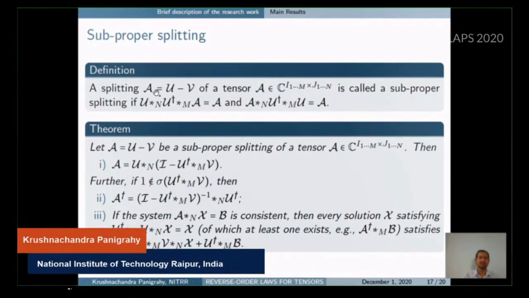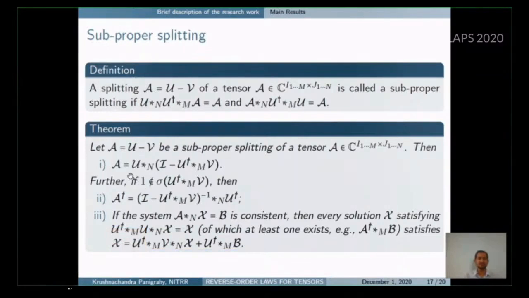Then A equal to U minus B is called a sub-proper splitting, and we verified that if A equal to U minus B is a sub-proper splitting, then we can express A equal to U star n (I minus U dagger B). Also, if 1 is not an eigenvalue of U dagger B, in that case, the Moore-Penrose inverse of A equals (I minus U dagger B) inverse star n U dagger.